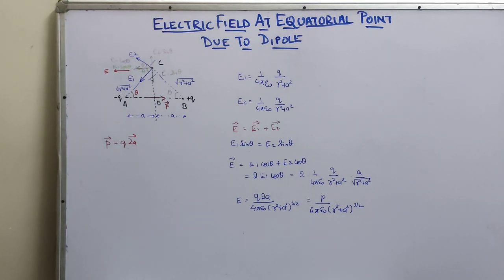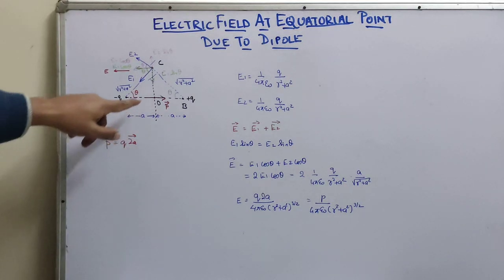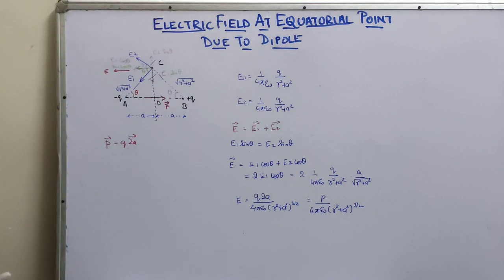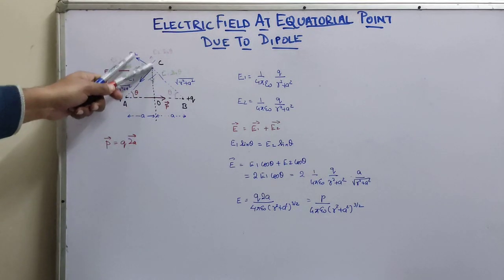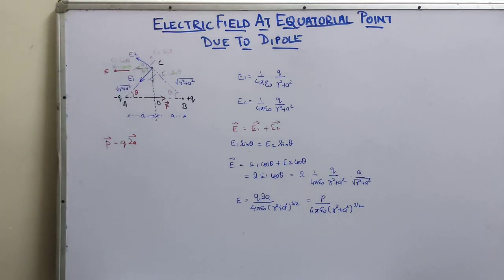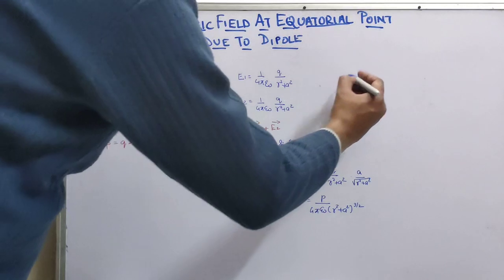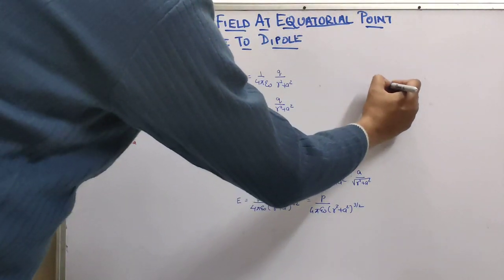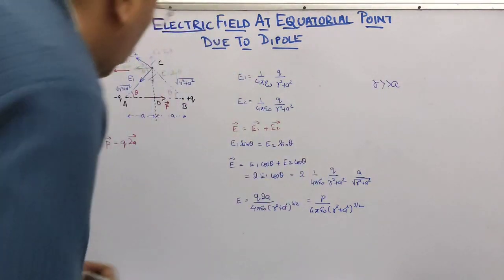Now, as a special case, the distance at which we are measuring the electric field at C, which is actually distance R from O, is usually very big as compared to the size of the dipole.